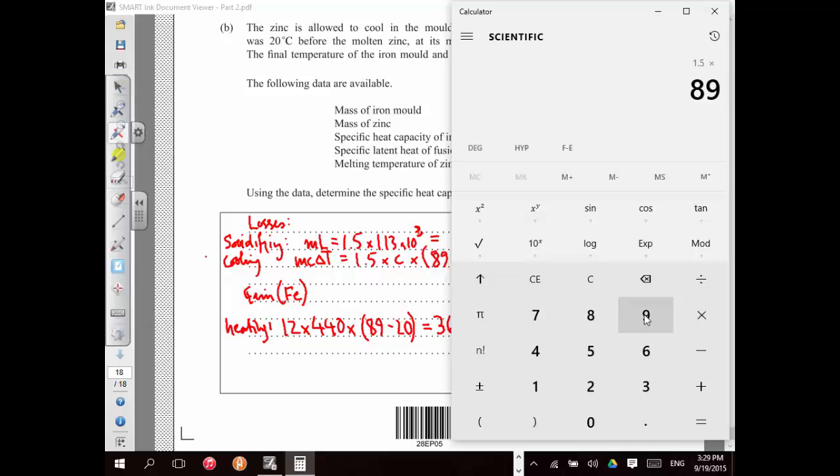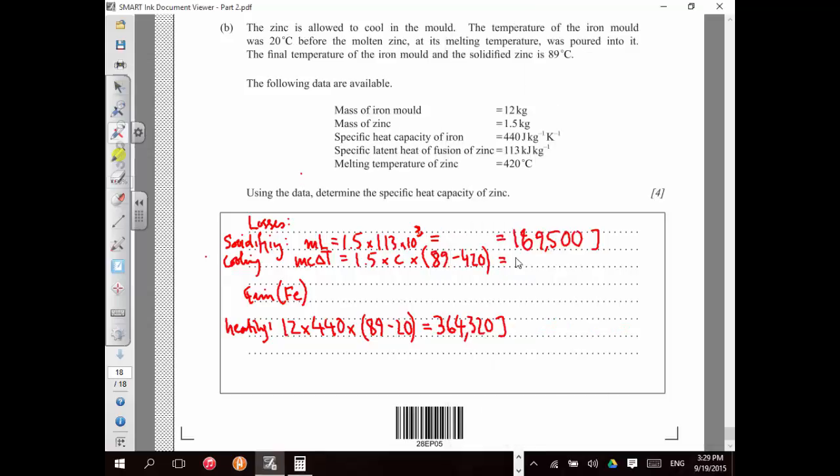I need a bracket there. 1.5 times 89 minus 420 equals negative 469.5 times C.